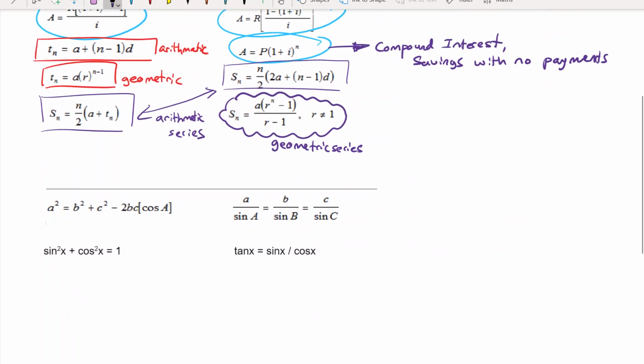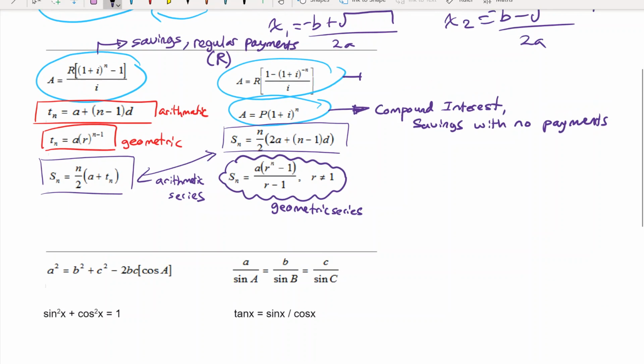And then last but not least, we have this formula over here, and it's used mostly for loans. So in this case, we are reducing the amount that the loan is worth by making payments, also represented by the letter R. So we are paying off regularly with the letter R.